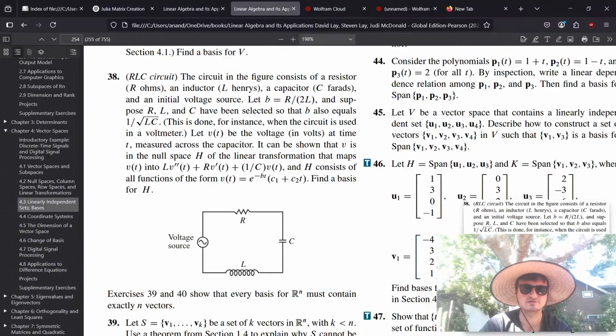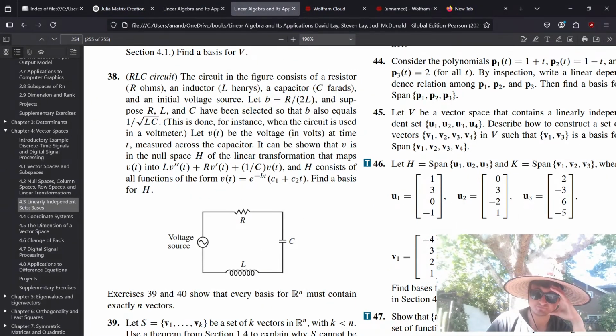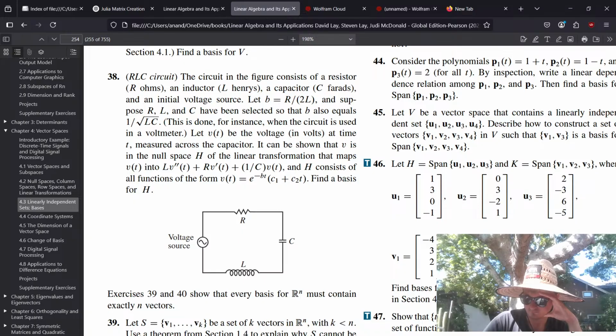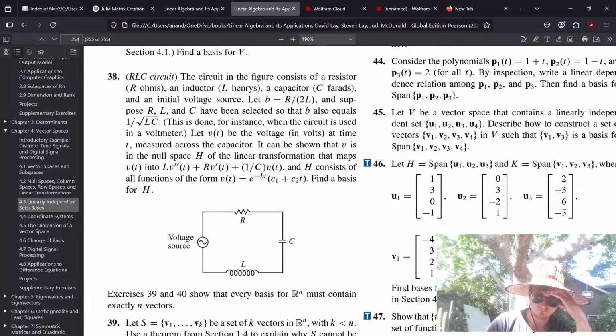Well, let me take a second just to think about it. So H is the null space.